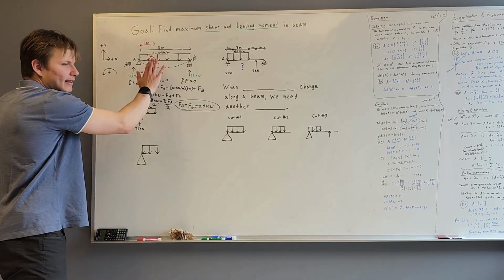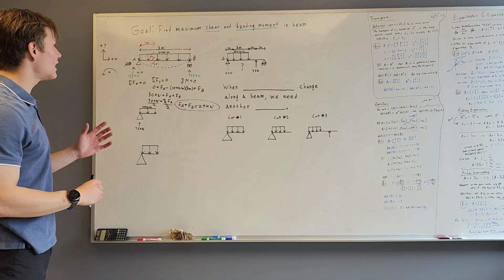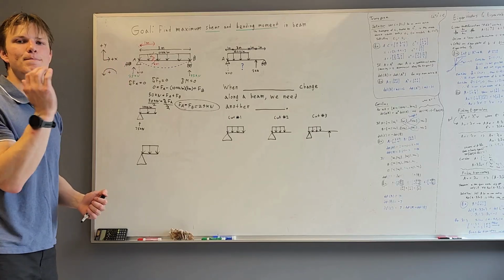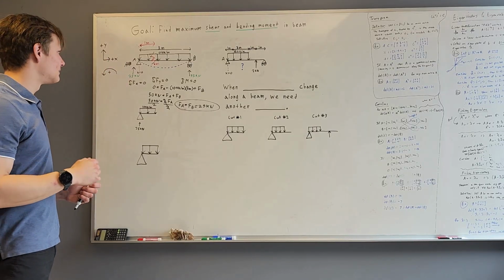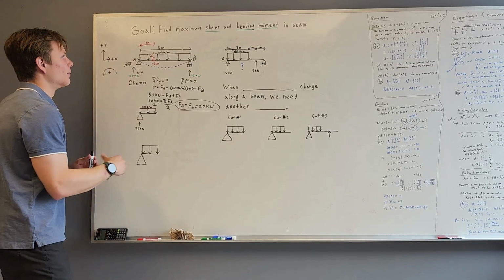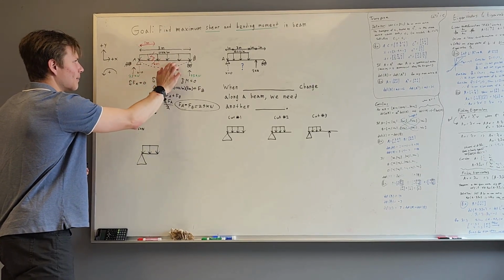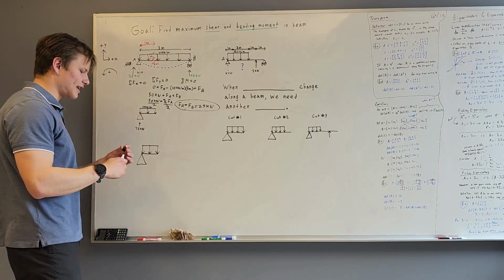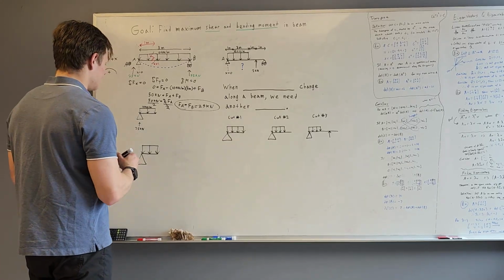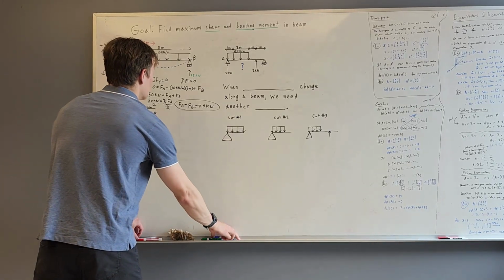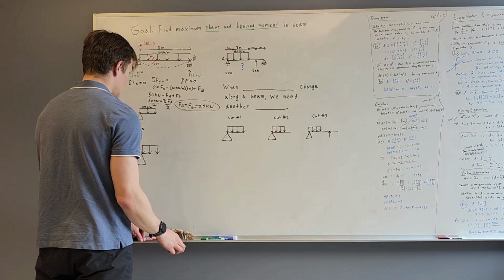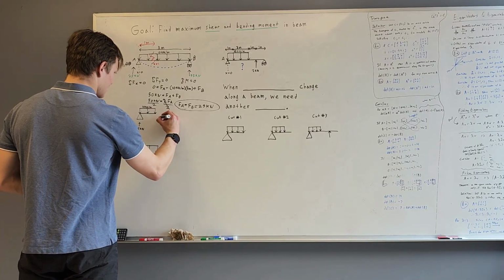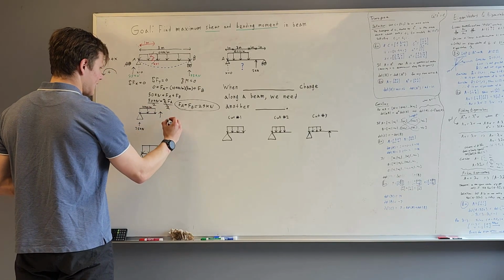So instead of drawing the rest of the beam, we can replace this section with an equivalent shear and bending moment that essentially represents the way that this part of the beam is supported by this side. If that doesn't make sense right now, just bear with me because I think it'll help when I draw it out. So let's show, we will have shear and a moment force.